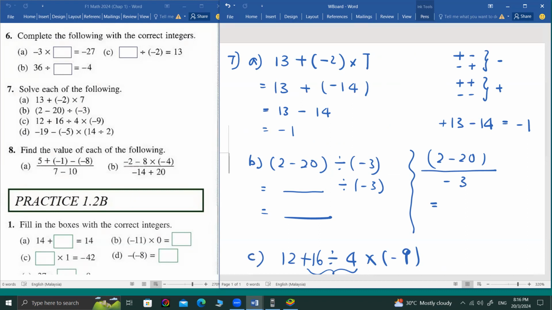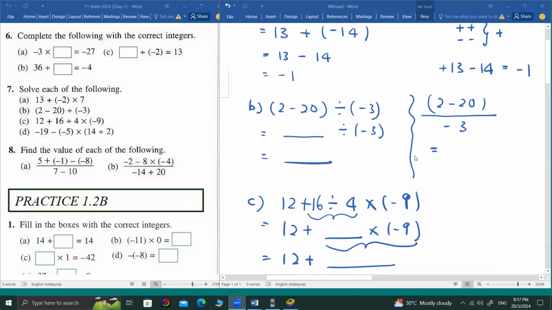Okay, can I scroll to C? I scroll to C, B, A done?